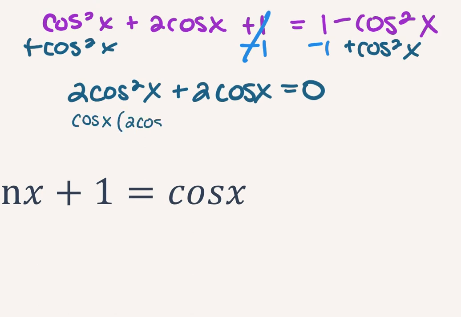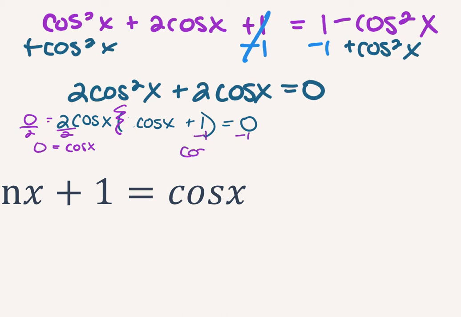It would be 2 cosine, then cosine x plus 1 equals 0. You could do it either way, it won't matter. And then we split and solve. So divide by 2 here, cosine x equals 0. Subtract the 1 here, cosine x equals negative 1.